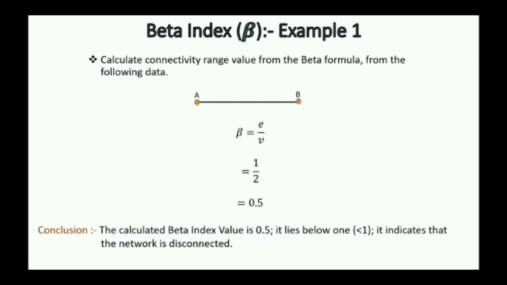Therefore, we put the figures in the formula. E divided by V is equal to 1 divided by 2 and the answer is 0.5. So, the conclusion is the calculated beta index value is 0.5 and as per criteria it lies below 1, then the network is disconnected.